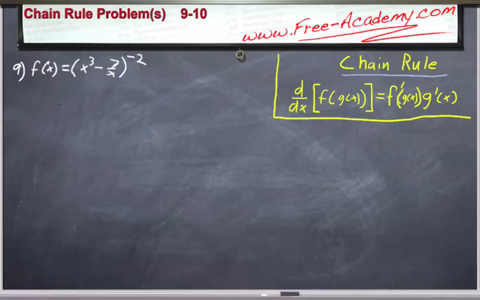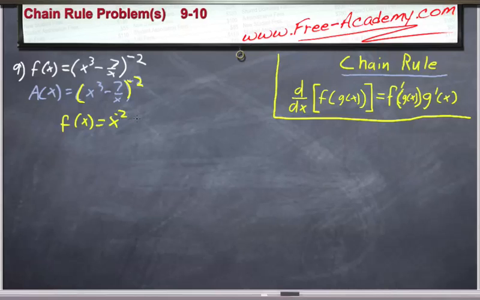Just to eliminate any confusion, I'm going to rename this function a of x: x to the third minus 7 over x, all to the negative 2. Then I'll do a little more renaming. I'm going to take these parentheses to the negative 2 power and rewrite that as f of x equals x to the negative 2.